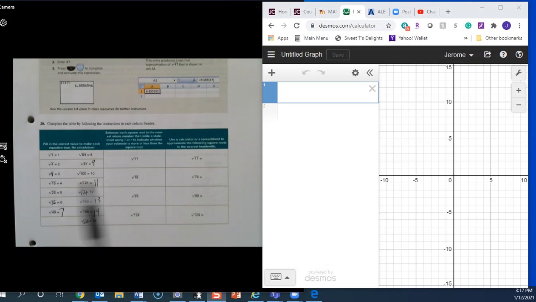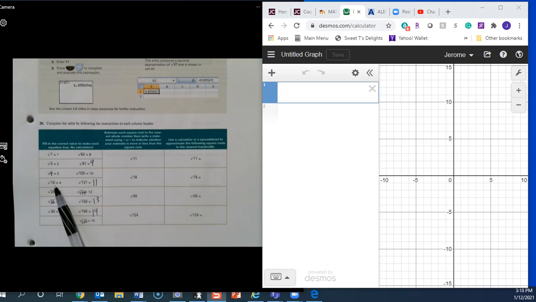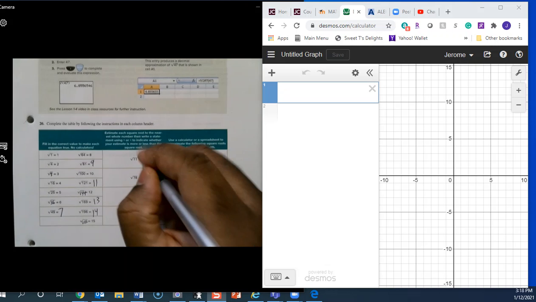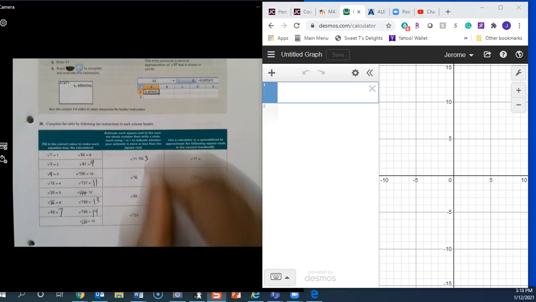But if you look here, the square root of 9 is 3, right? The square root of 16 is 4. Now we know to get from 9 to 16, what's that, 7 numbers there? And this right here, 11 is closer to the 9 than it is to the 16. So this we would assume is approximately 3.